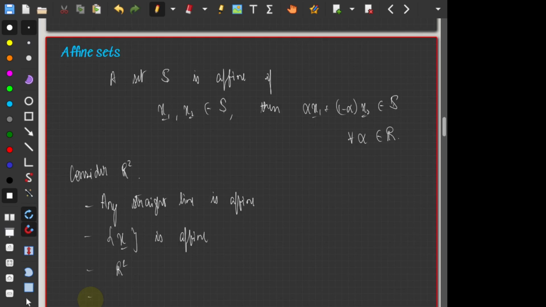Can I write any affine set in R2 as the null space of a particular matrix? I can't, because, for example, a straight line which is not passing through the origin is not the null space of any matrix.